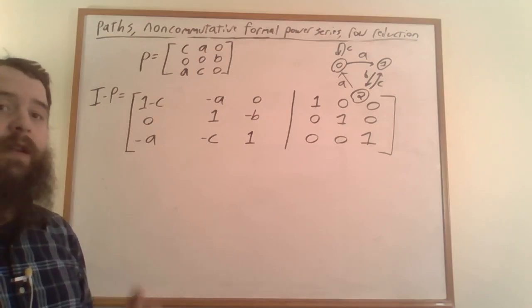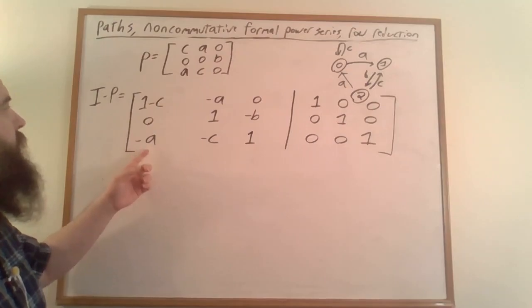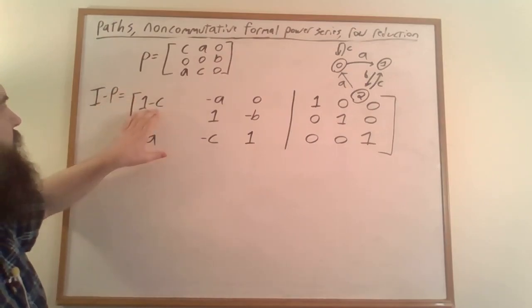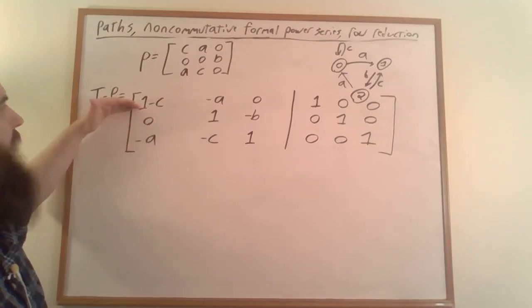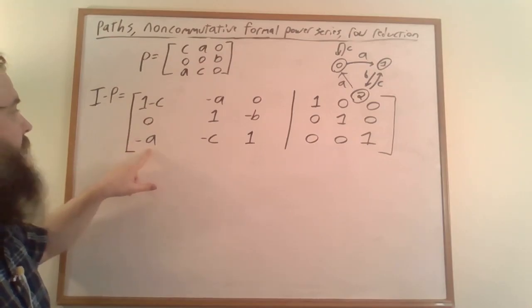Our first target in row reduction is to get rid of this negative a here. We're going to want to multiply the first row by something in order to turn this first element here into an a, and then add that to row 3 in order to get rid of this negative a.